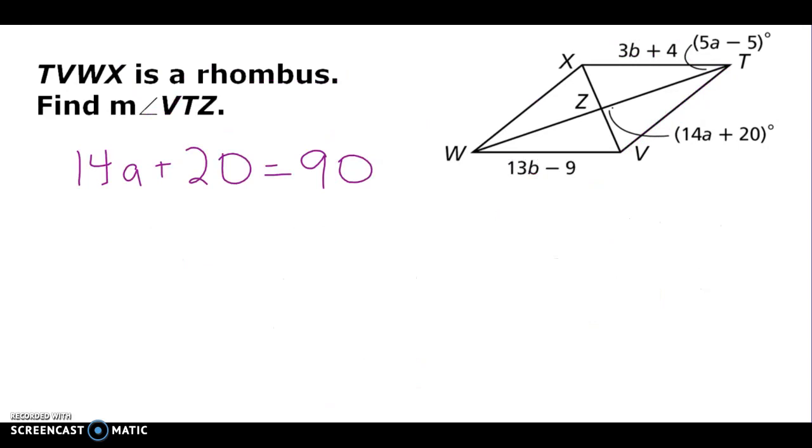This is another example. We're looking for angle BTZ. So this angle that I just highlighted. Okay. And we know we can set this equal to 90 since it's a perpendicular bisector. We already know what it is, right? Use some algebra 1 to solve for a.